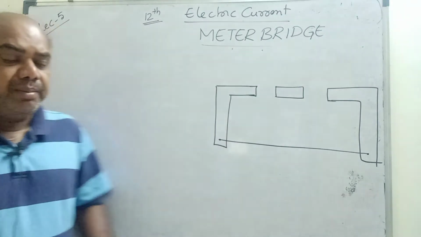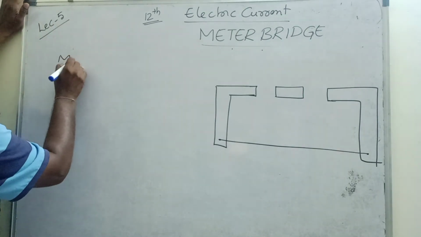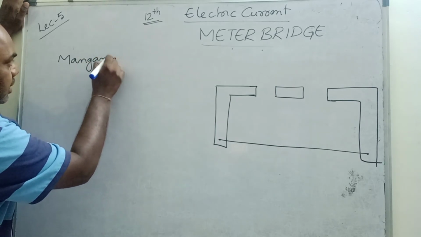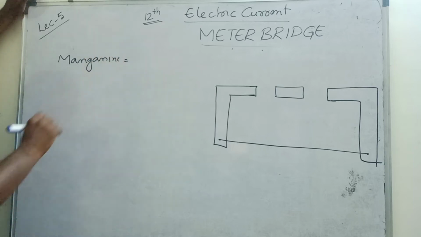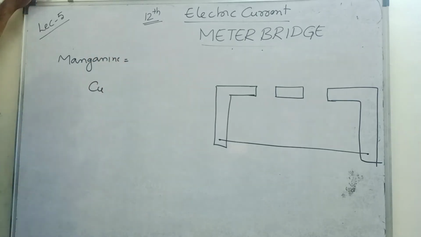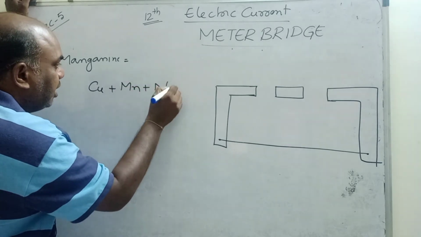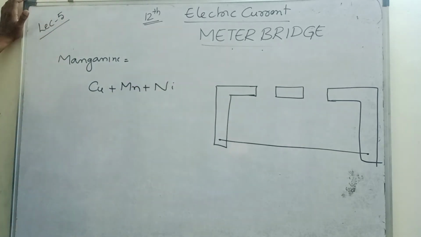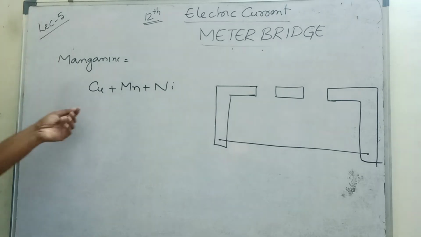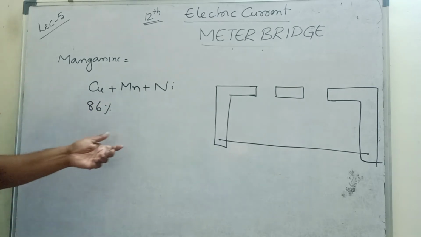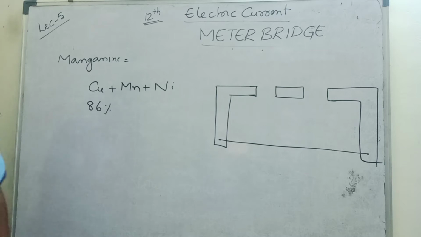Manganin is a combination of three metals. You are aware of this from 10th class. Manganin is a combination of three metals: copper, manganese, and nickel. Copper percentage is more in manganin, about 86%, then manganese about 12%, and only 2% nickel.